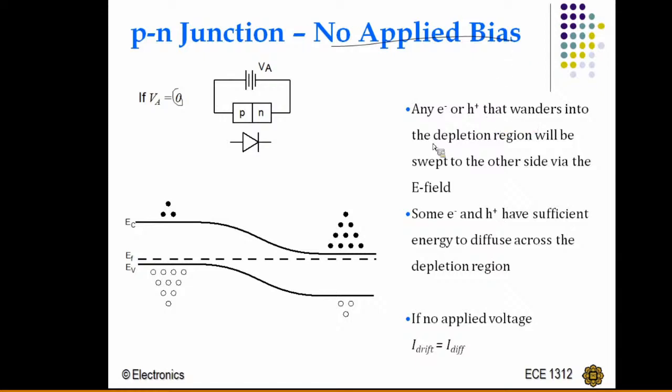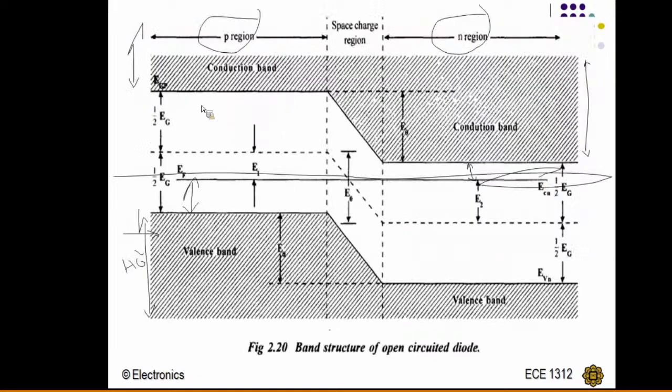Now, any electron or hole that wanders into the depletion region will be swept to the other side via the electric field. Now, see here, I am just explaining. For example, this side is our p-type region, and this side we are calling n-type.